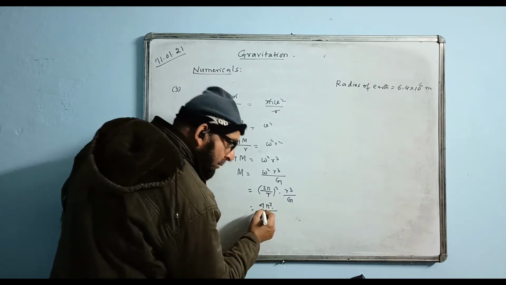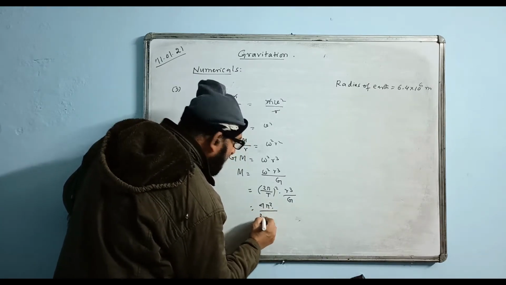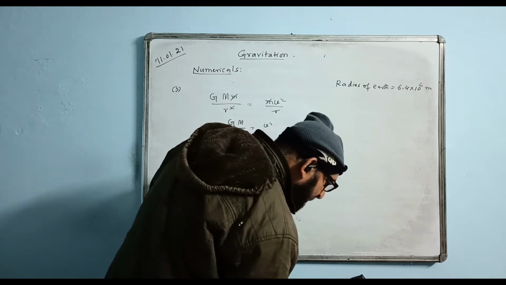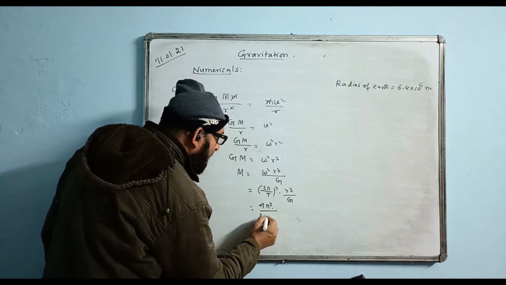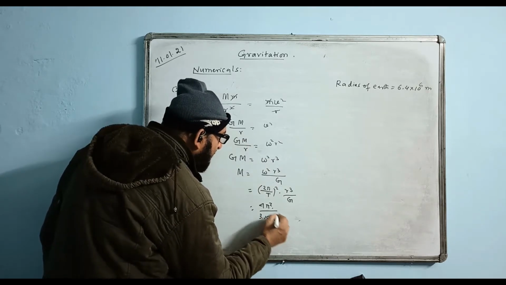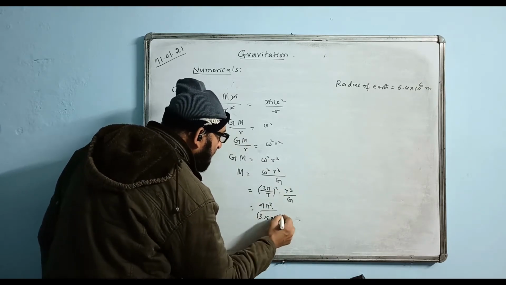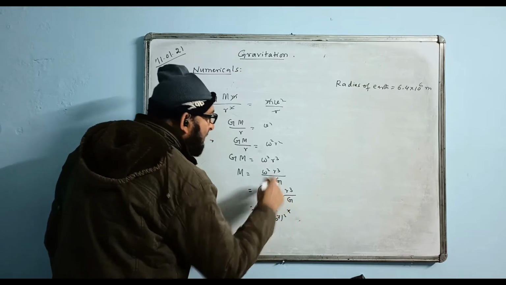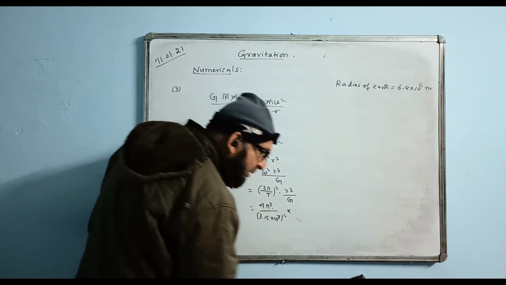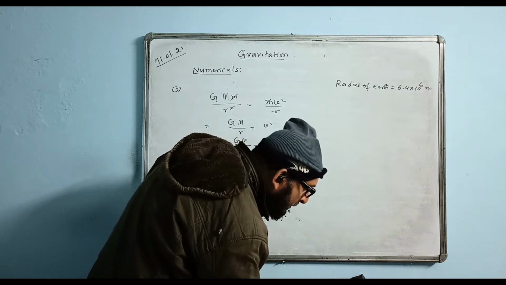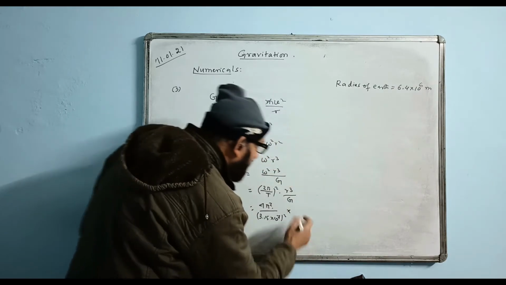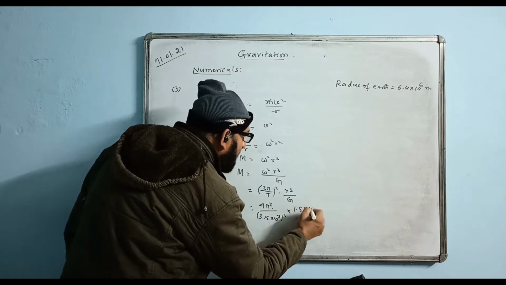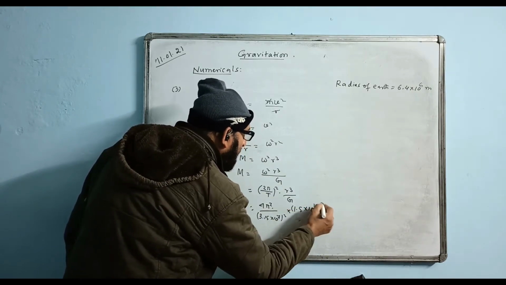The value already given here is 3.15 into 10 to the power of 7, squared. R is the radius, the distance given in the question: 1.5 into 10 to the power of 11, cubed.